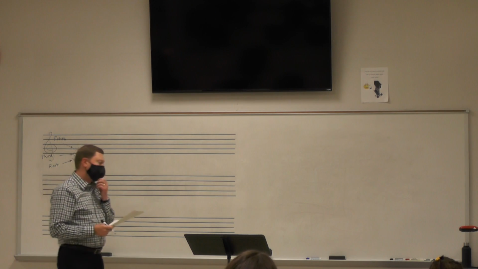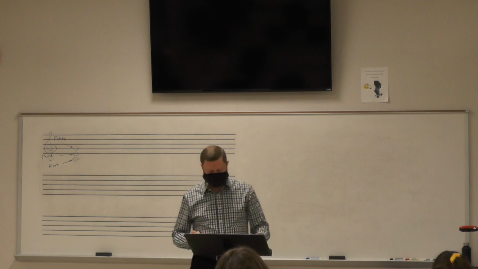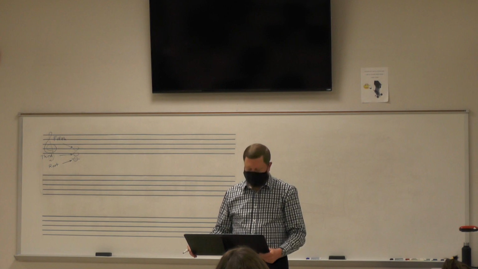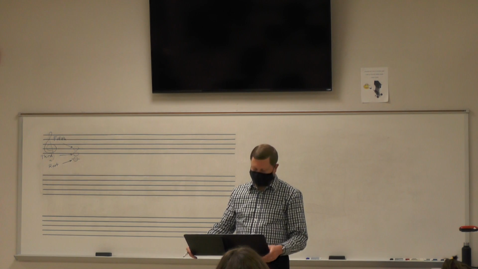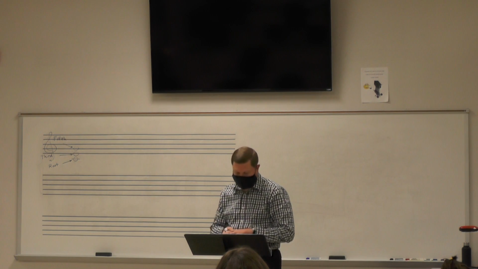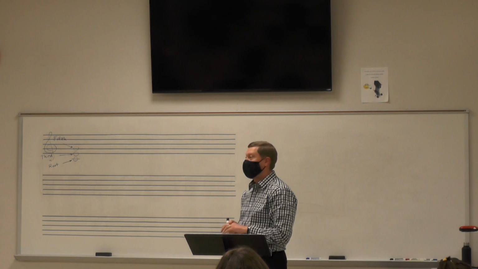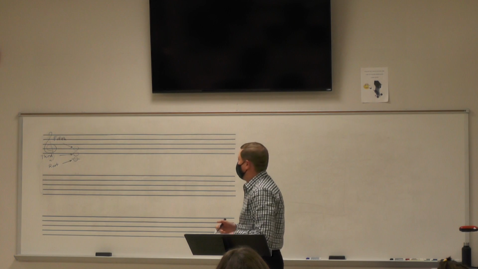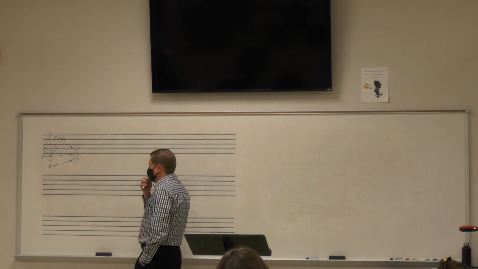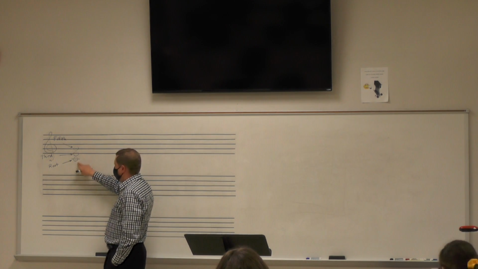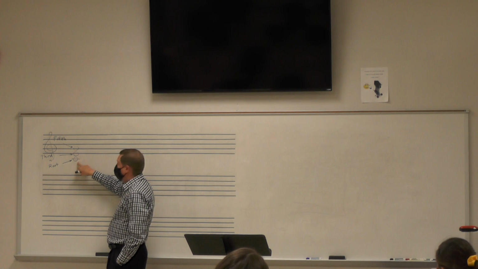Now, in actual music, the way composers actually use triads, any member of a triad can appear as the bottom note. So in this case, C is the bottom note.